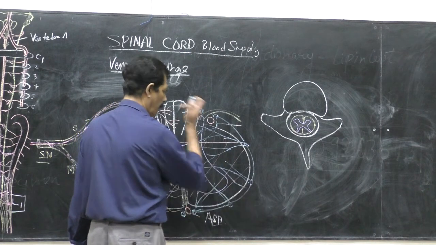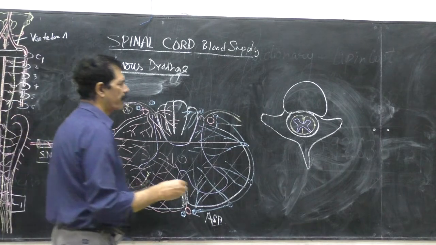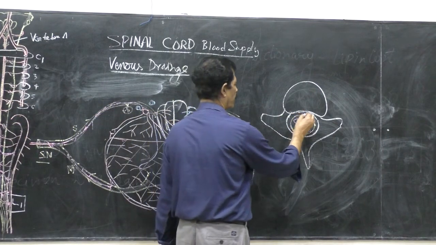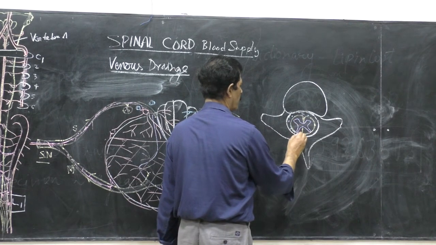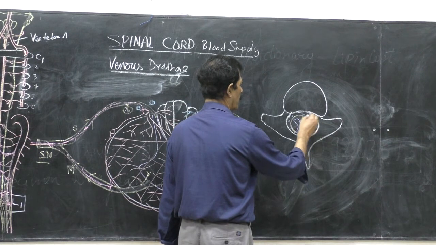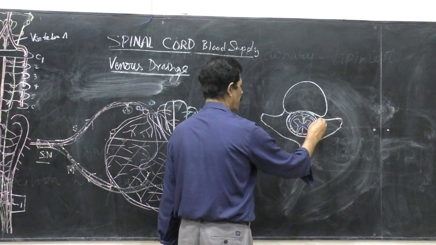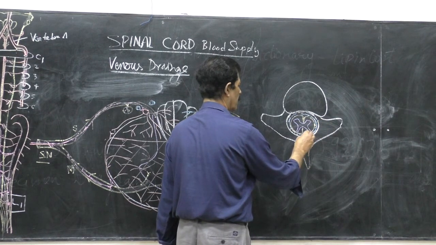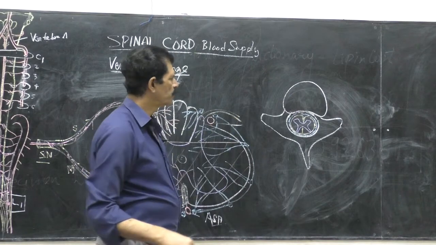Around the peripheral part of the spinal cord, but inside the vertebral or spinal canal, a plexus is formed all around.